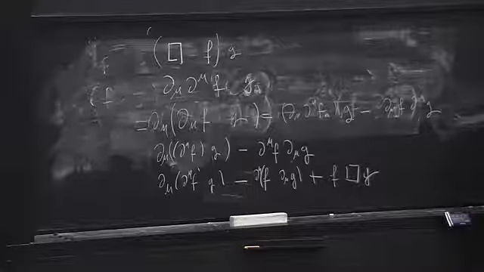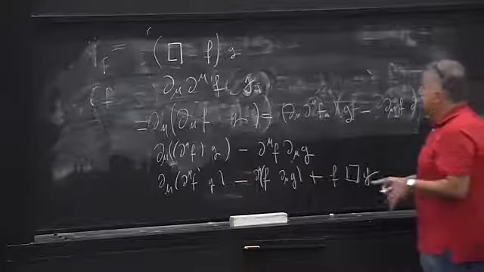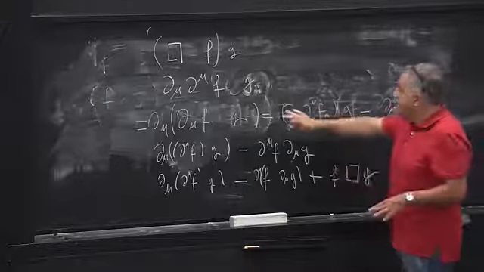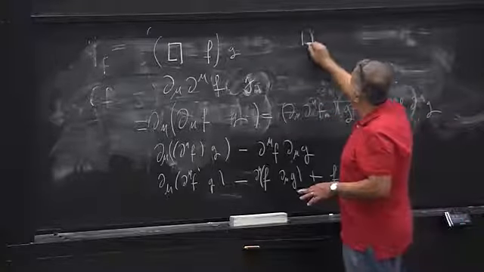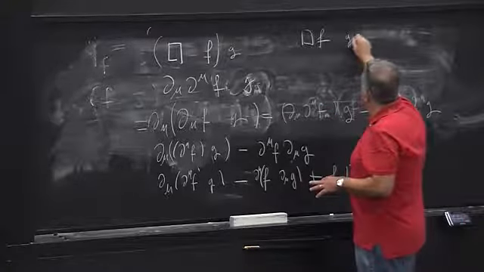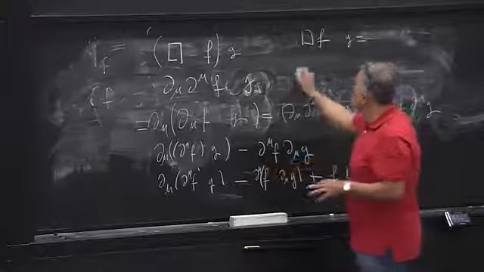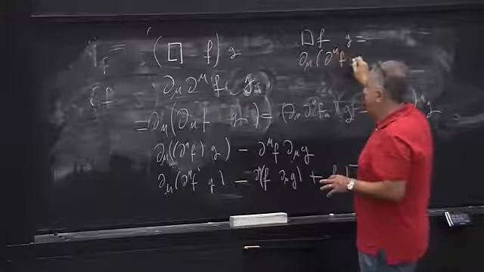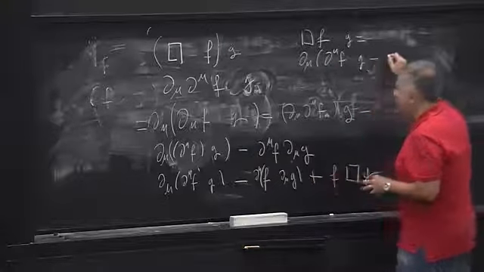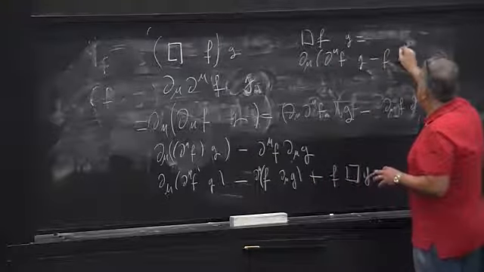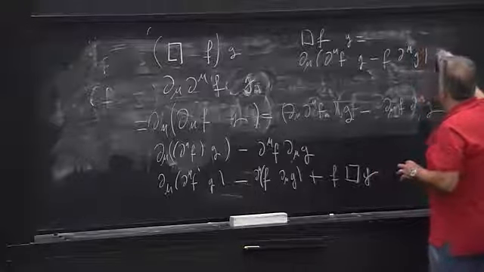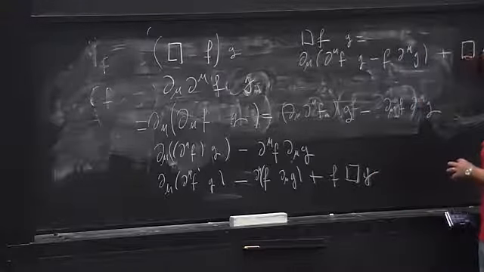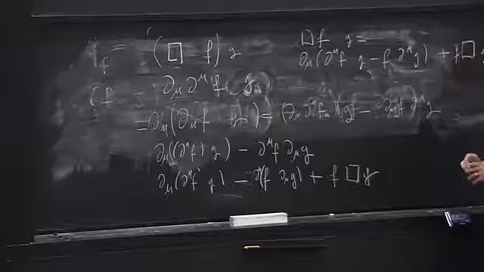You see, so the d'Alembertian of f times g is this current d mu of f d mu g minus f d mu g plus the d'Alembertian of g times f.